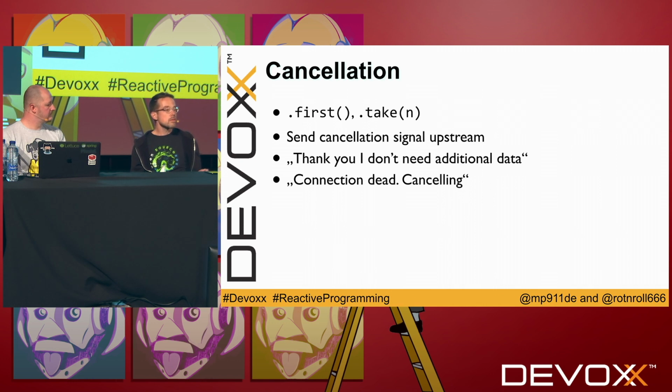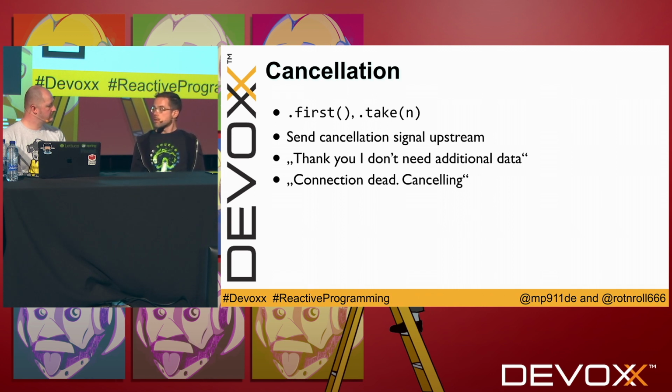But what happens with the transaction running upstream? In the case of Neo4j, I can easily write a query that generates a bunch of nodes from a list that I can unwind, or I use some kind of pattern comprehension to generate data. What about that transaction? Is it supposed to die with the request that goes away, or should it actually complete, commit, and be stored? So the connection is dead, it's cancelled.